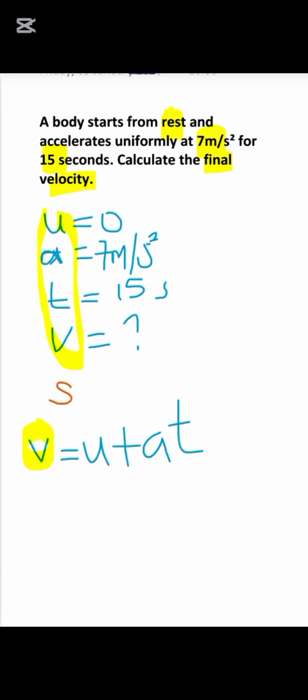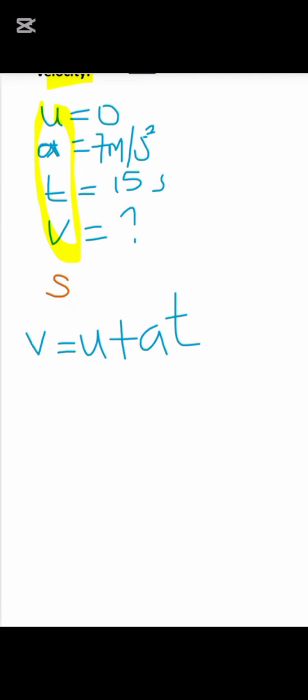So going forward, we have that v is equal to, our u is already 0 because the body started from rest. So we have 0 here, plus our a is 7, then our t is 15.